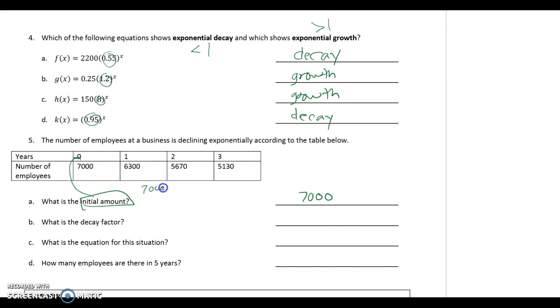That's 7,000 minus 6,300, which is 700. So we take that difference, 700, and divide it by the original amount. We don't necessarily need a calculator here, because this would come out to be 1/10. It's going down by 10% each year.